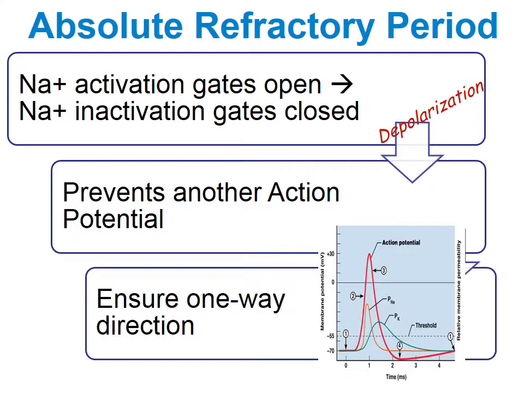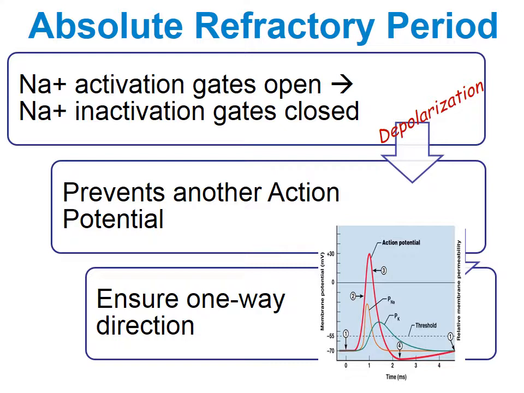Absolute refractory periods occur from threshold to just past peak. During this time, sodium-gated channels were just opened, and most of the sodium is on the wrong side of the membrane. It is impossible to reach threshold right now because gates are open and there's just not enough sodium in place.